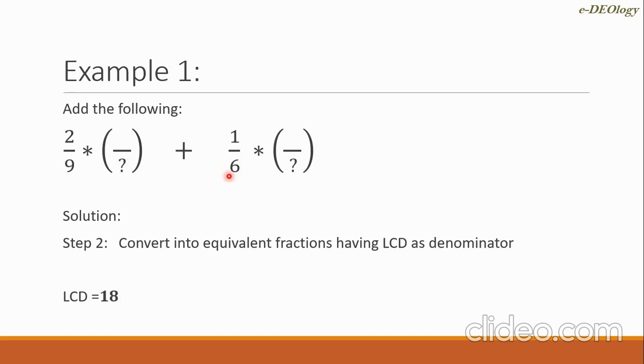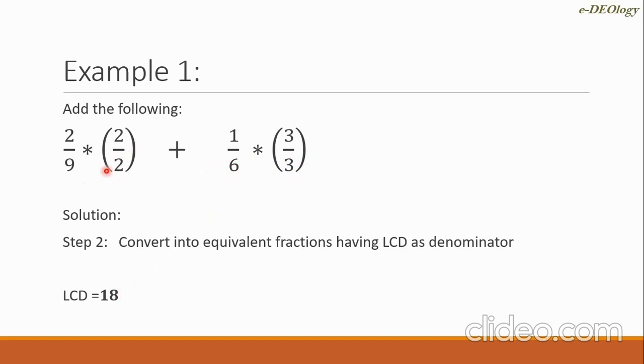In the same way, this number 6, we want to make 18 by multiplying by a certain value. As we see here, the 9 must be multiplied by 2 to get 18. The 6 must be multiplied by 3 to get 18.